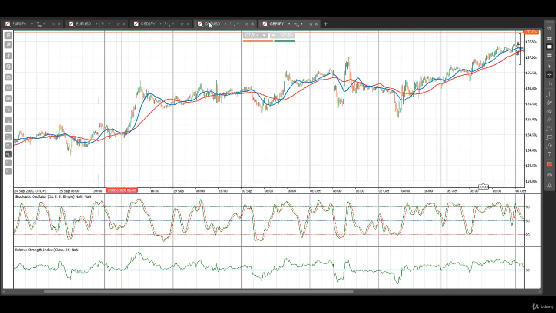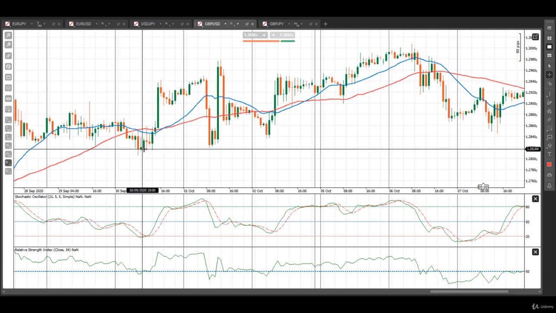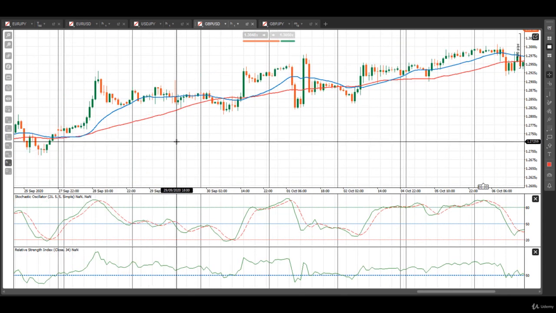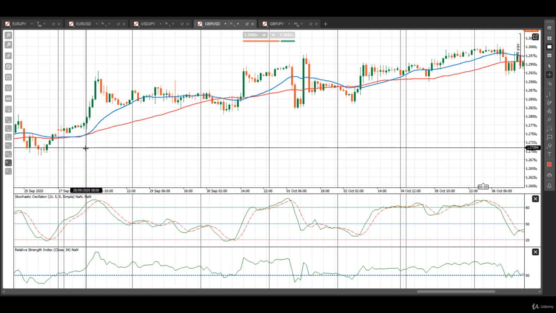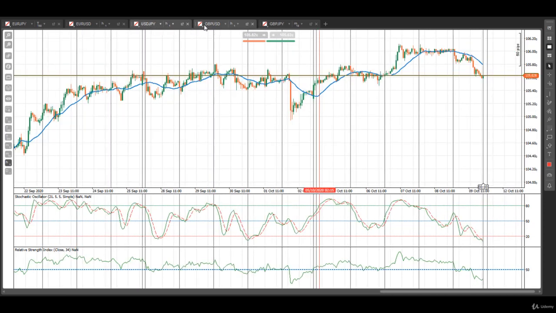Okay, so let's see GBP USD. 28.09. This. Before I measure, I will tell you directly what to trade, if it's GBP USD or GBP JPY. I will tell you which pair is going to give us a lot of points.